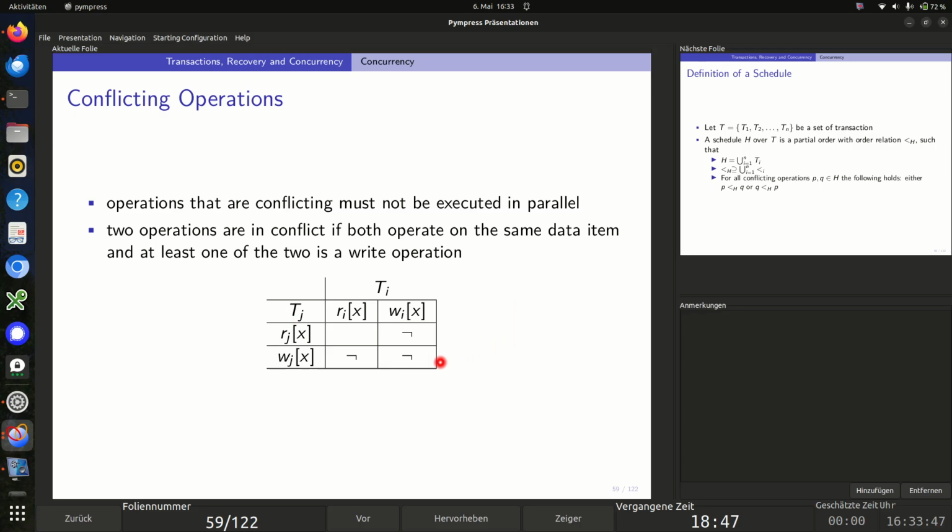As I said, read-read operations never cause a conflict. Read-read is never a problem. But as soon as there's one write operation, we have a conflict, and we have to define an order for the schedule.